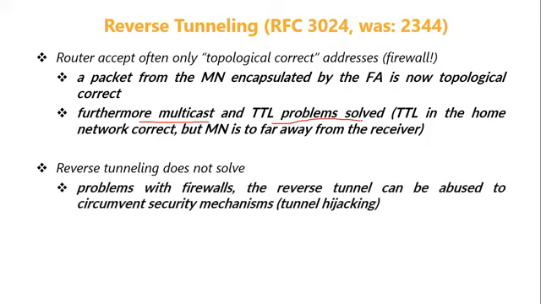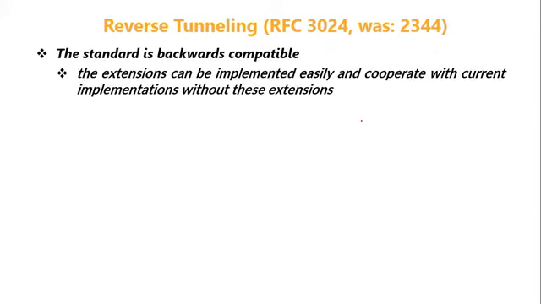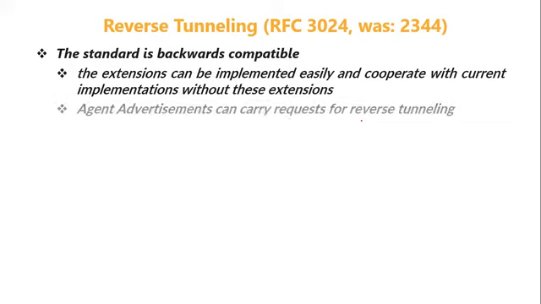But there are certain issues which reverse tunneling does not solve. Reverse tunneling can be abused to circumvent security mechanisms, as in tunnel hijacking. So this is one issue with reverse tunneling. Reverse tunneling is backward compatible.